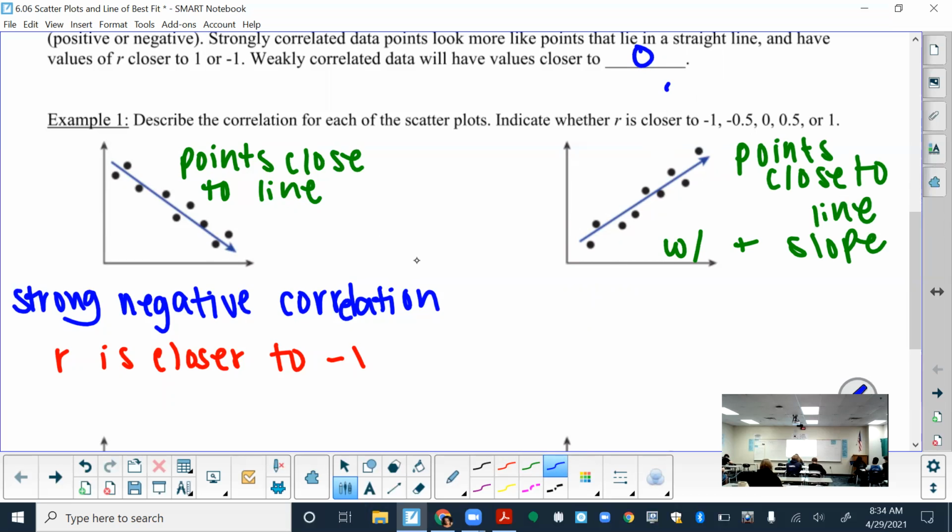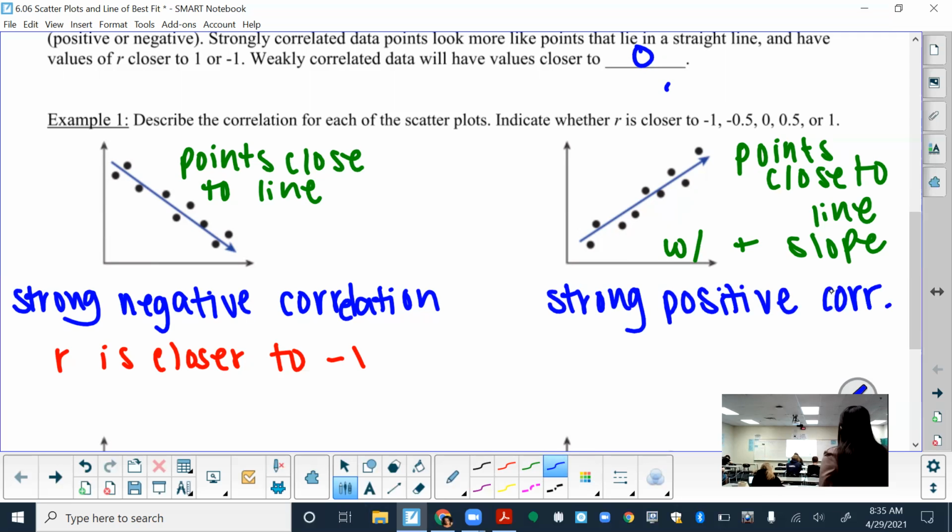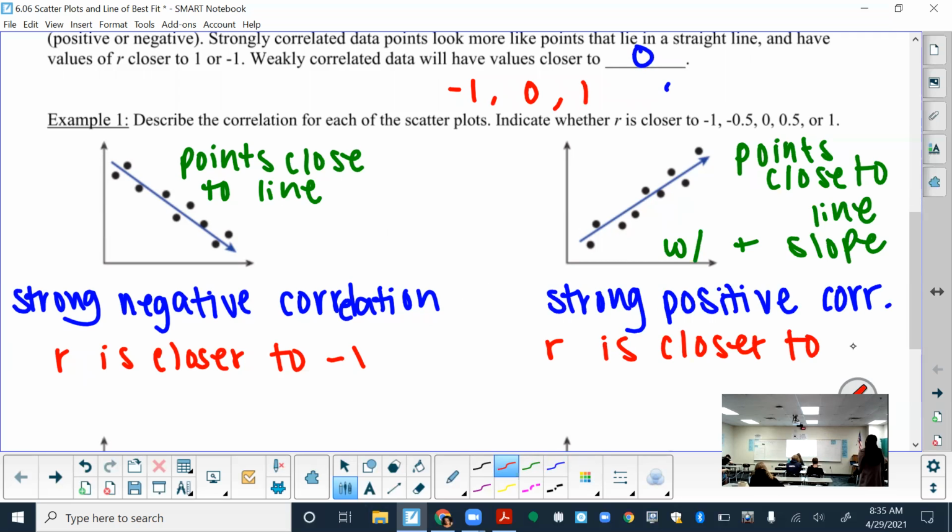Strong, weak, positive, negative? Strong positive. So strong positive correlation, I'll just abbreviate it. And if you had to predict what the R value would be closest to, so our options are -1, 0, or +1, what is the R value closest to? Closest to the positive one. Good.